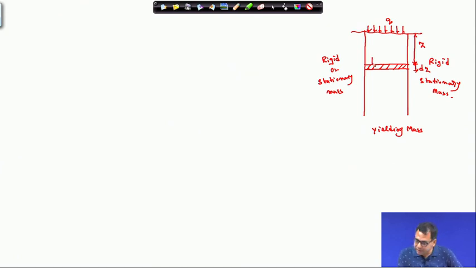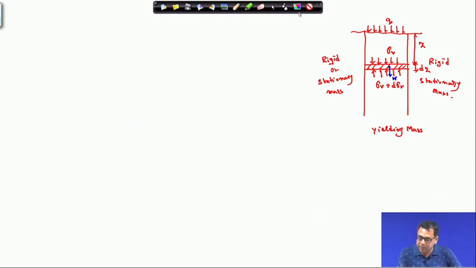The vertical stress sigma v acts at the top, and at the bottom the stress will be sigma v plus d sigma v, and the weight W of the strip will also act.